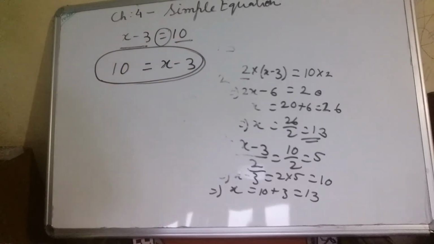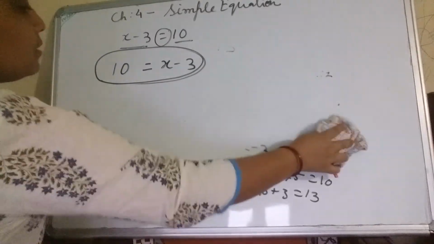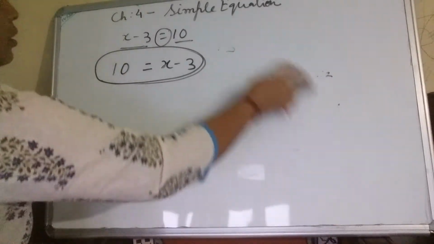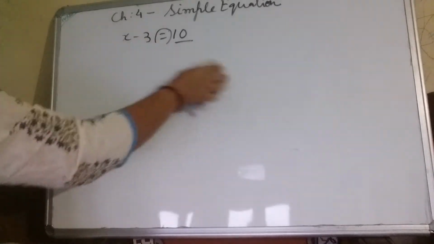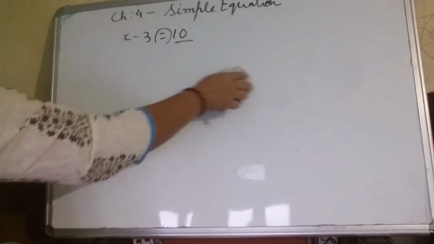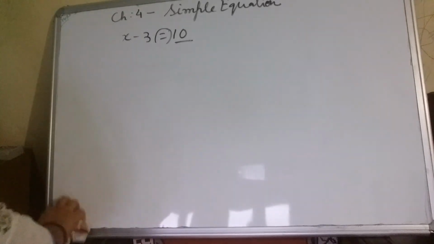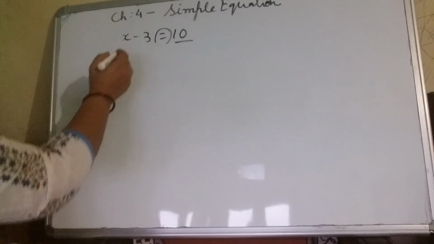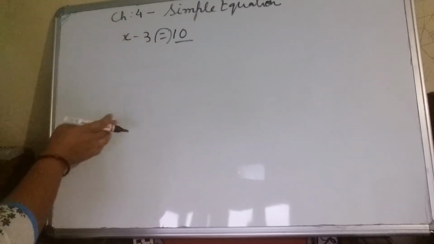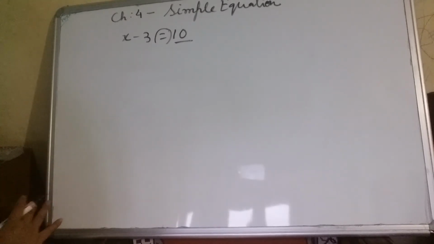Next is how to solve these equations. There are two methods. One is by keeping the balance. Equation is like a balance. If we add the same number on both the sides, that equation is not going to change.